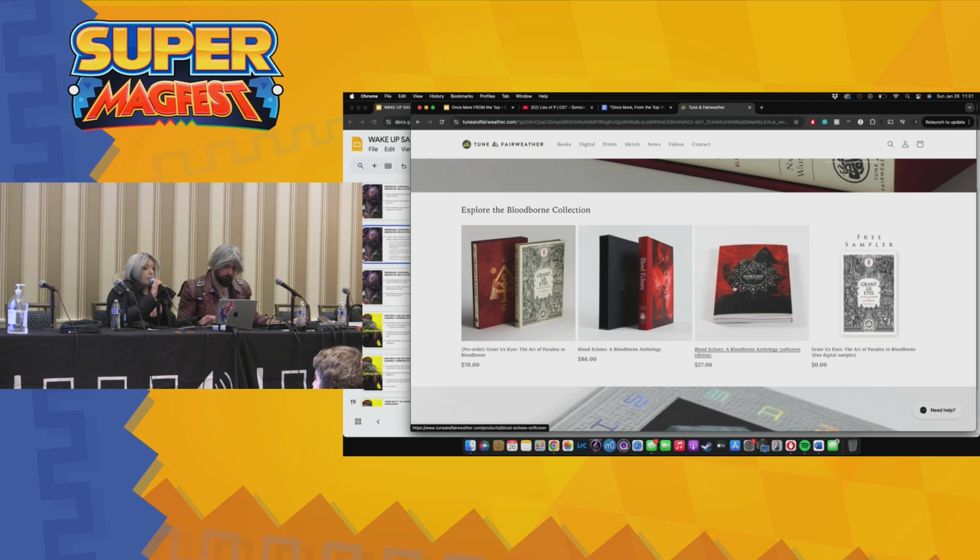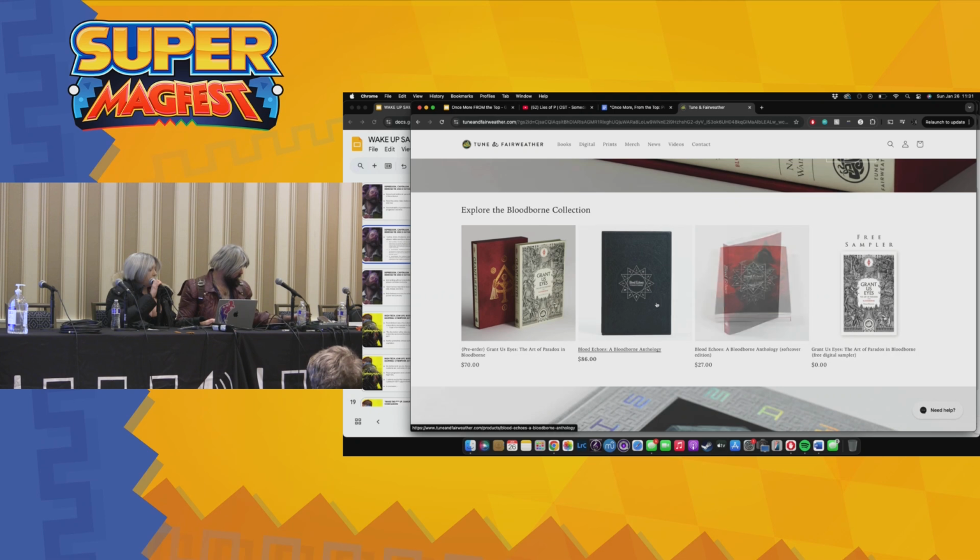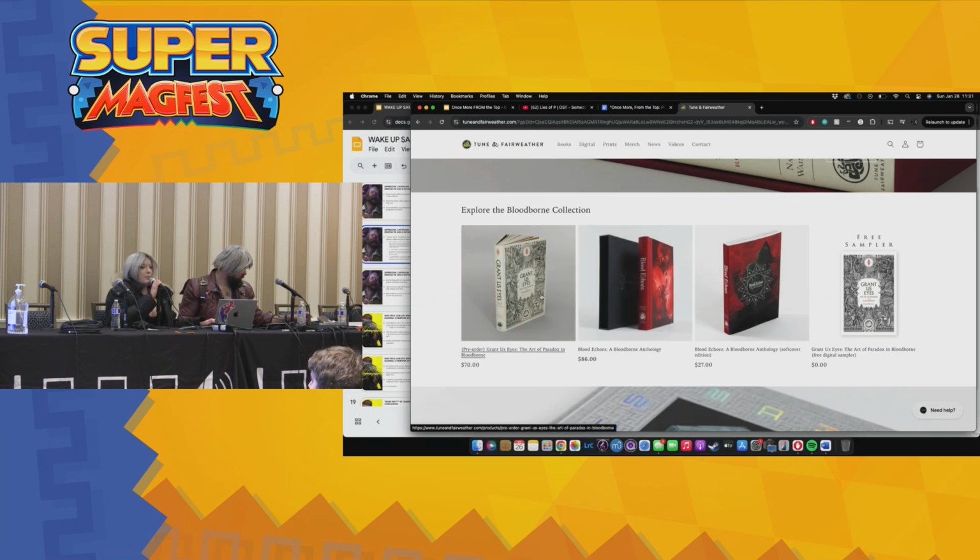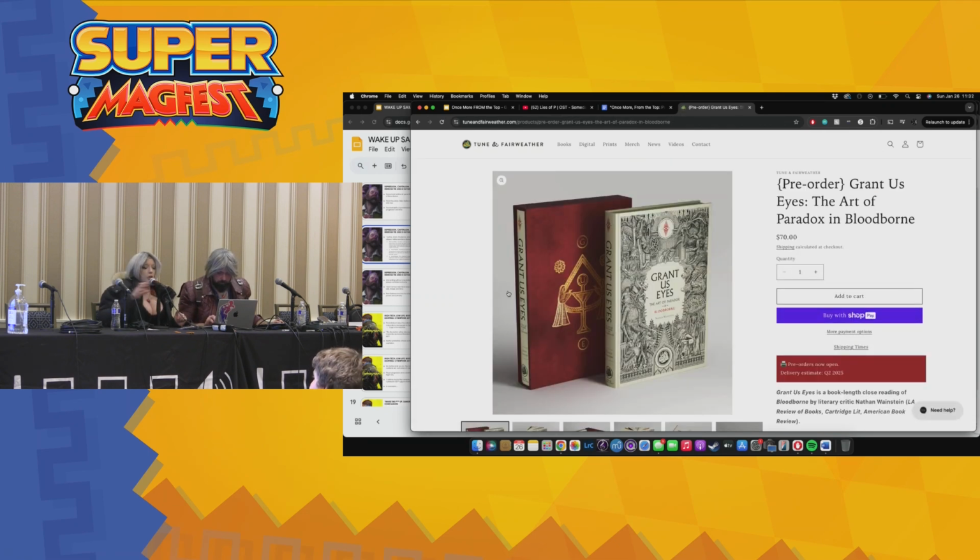But all of their books, with minor exception, are about the mythology of Elden Ring. This one was actually a pre-ordered present for my husband for Christmas. This is about Paradox and Bloodborne. These are all compendiums of the lore because there is no set lore from the game designers.